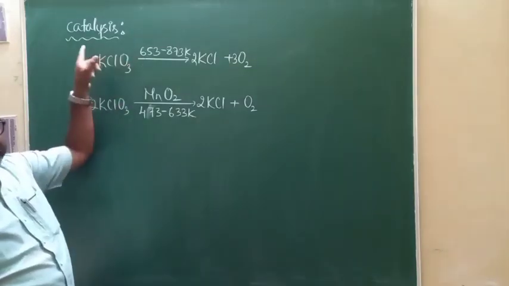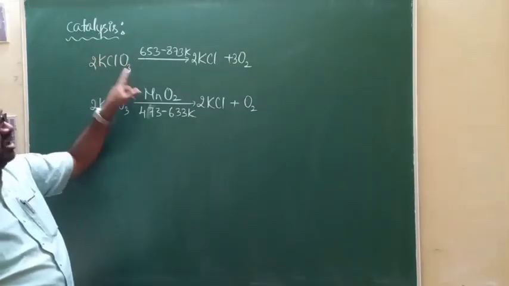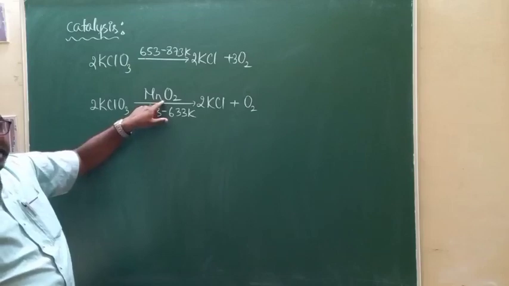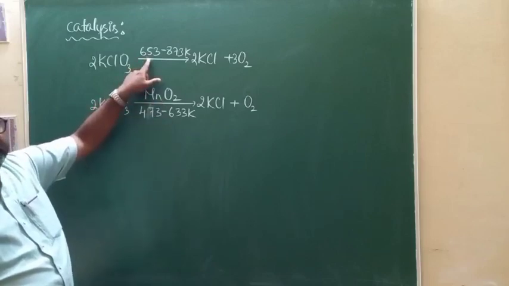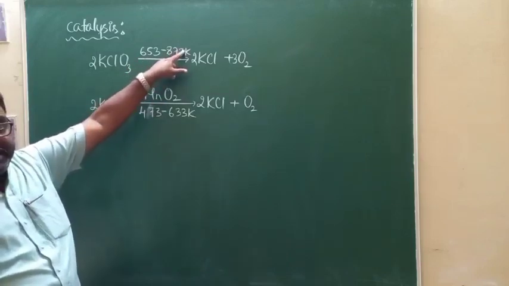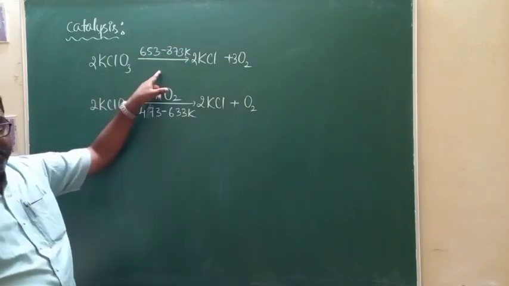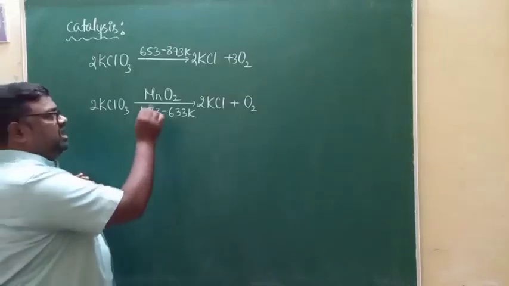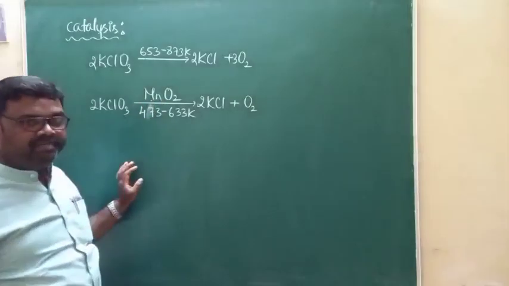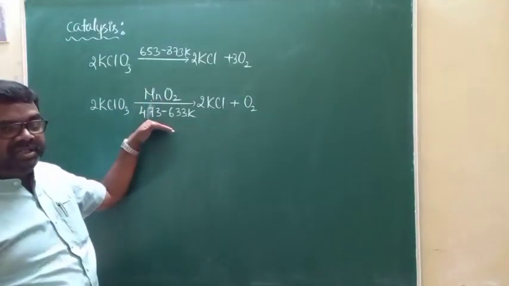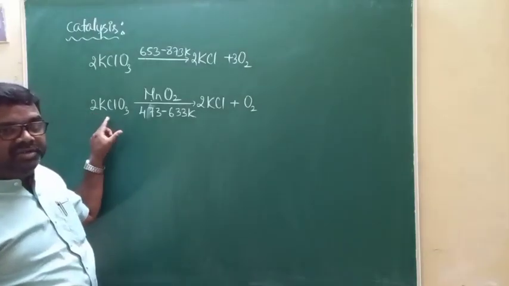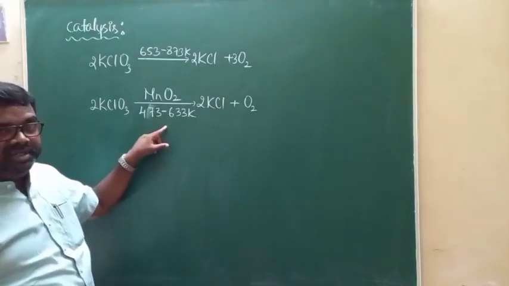If the decomposition of potassium chlorate is carried out in the absence of manganese oxide, we need a temperature of 653 to 873 kelvins. That is, we need high temperature for decomposition of potassium chlorate. If the same reaction is carried out in presence of manganese oxide, you will need a low temperature. That means decomposition of potassium chlorate takes place at lower temperature.